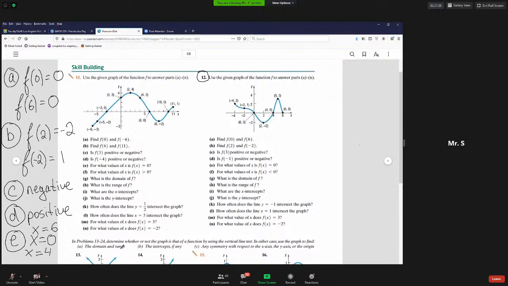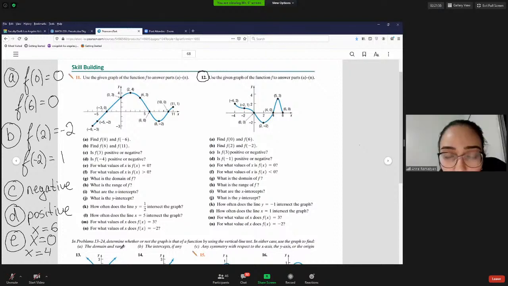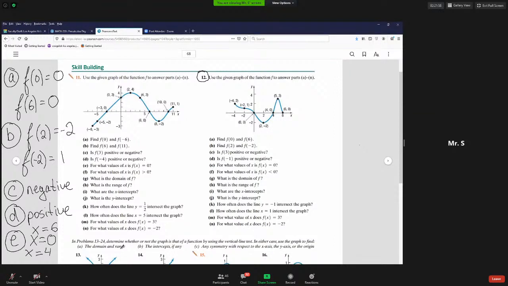Now part F gets a little more interesting because here we have to give an interval. It says for what values of x is f of x less than 0. That describes an interval where the y values are negative. So for part F, we are basically asking where the function is negative.